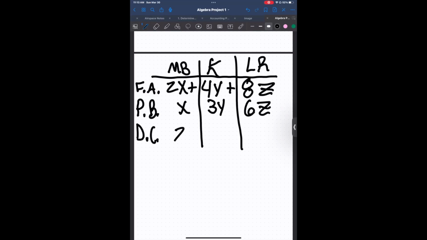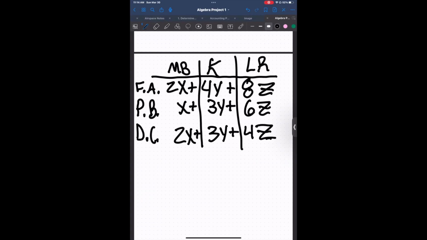For drywall, it's going to take 2x, again, plus, a few pluses, for the kitchen it's going to be 3, and for the living room, it's going to be that. Hopefully that makes sense.